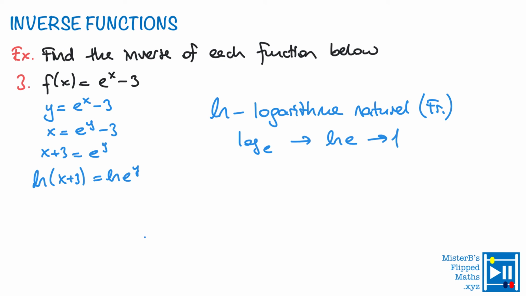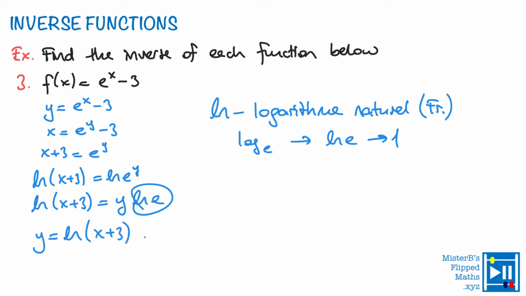So basically, I'll go like ln (x plus 3) equals y times ln e, which is 1. So y equals ln (x plus 3). That is the inverse function here, ln (x plus 3).